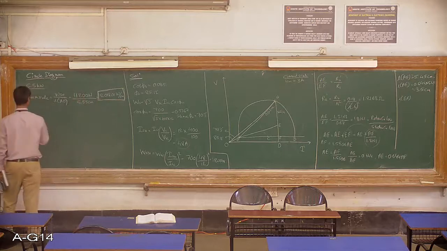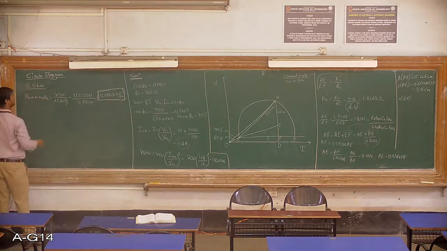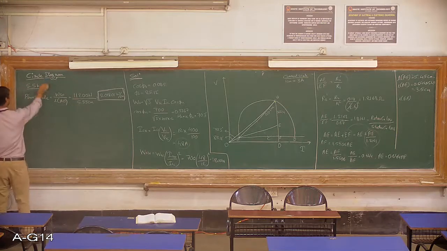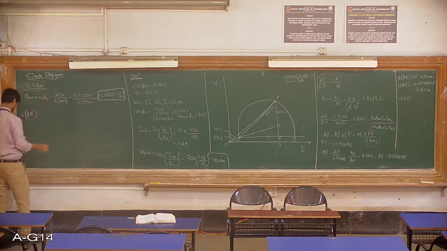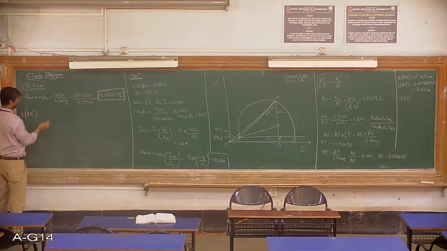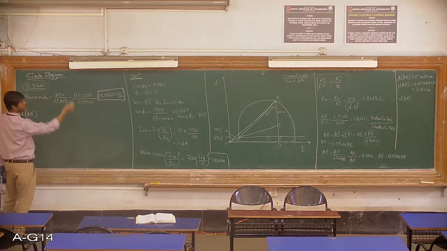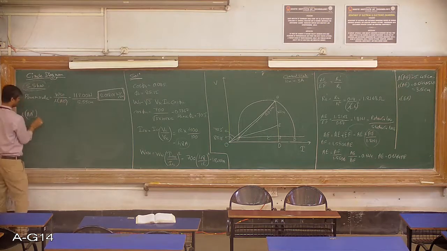Now I want to convert this 5.5 kilowatt into centimeters. So the length of AA dash I want to put in the graph page, and I am doing that over the point A vertically upwards. So that line should be of how many centimeters?